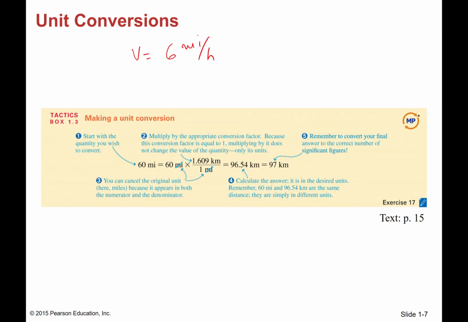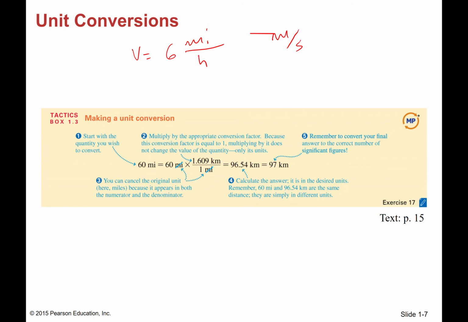We're going to keep this notation because it's going to be useful if we write it like this, 6 miles per hour. And we would like to know what is that in meters per second. So how do we do that?